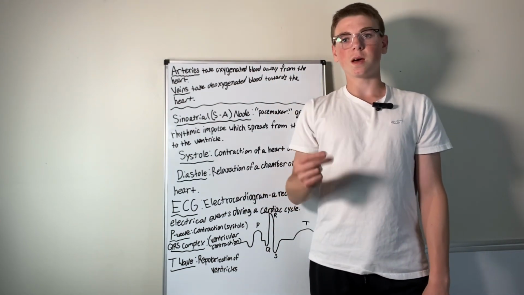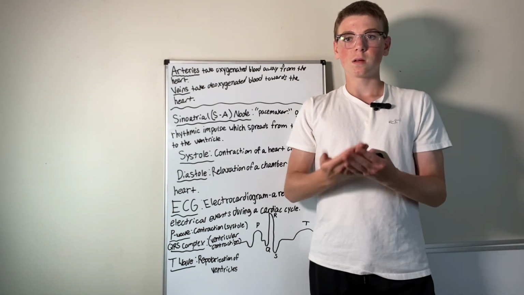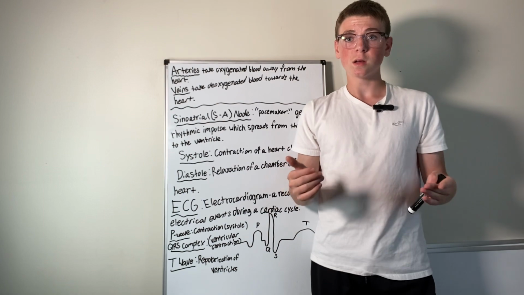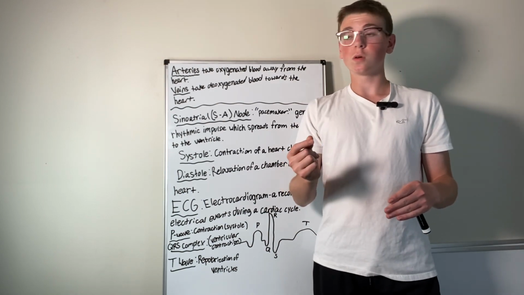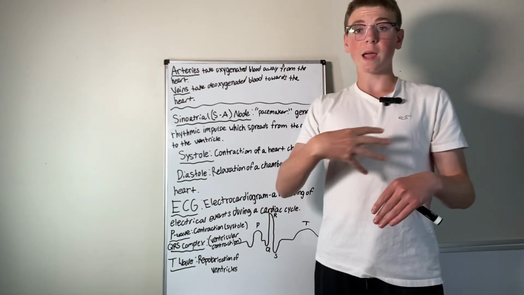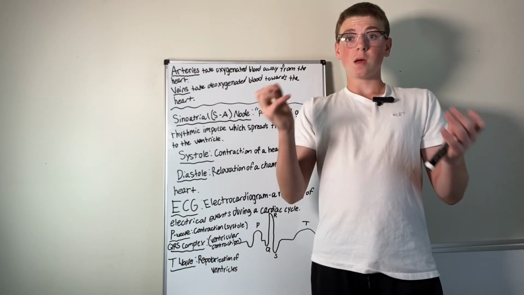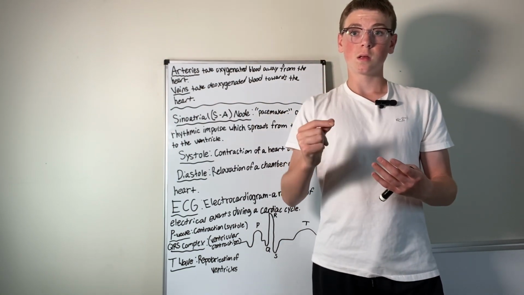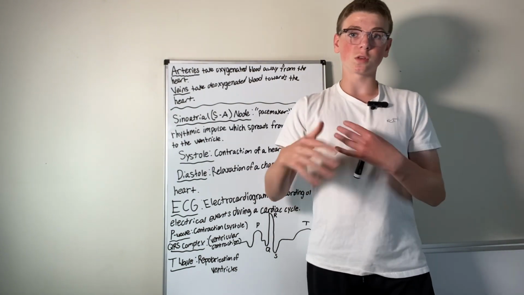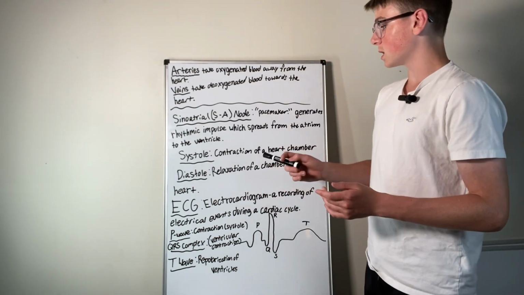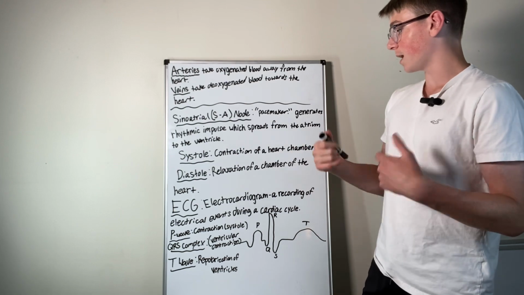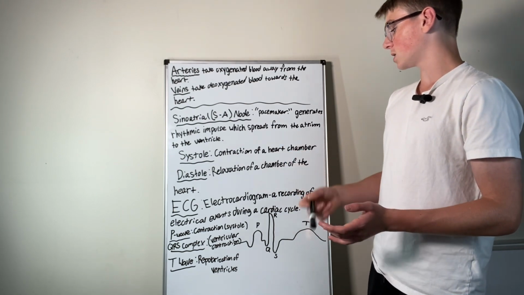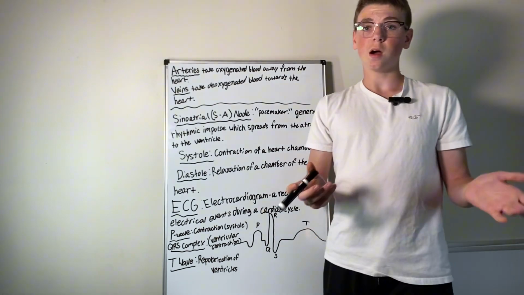So that thump, thump sound, where you have two beats to your heart, that's your atrium contracting, and then your ventricle contracting. It's two contractions. So systole is the contraction of a heart chamber, and then diastole is the relaxation of a chamber of the heart.